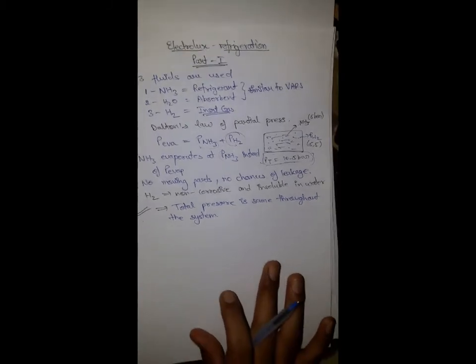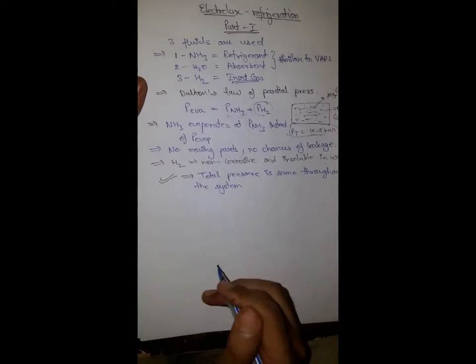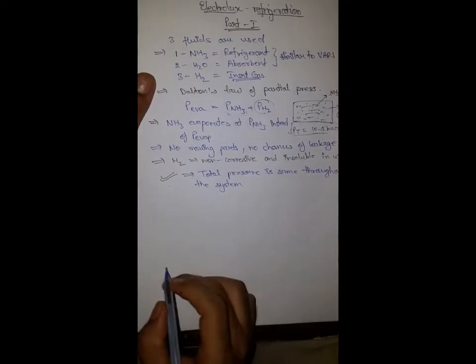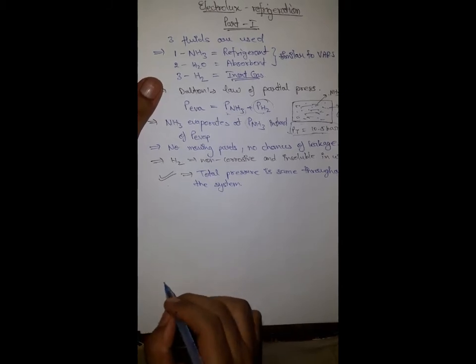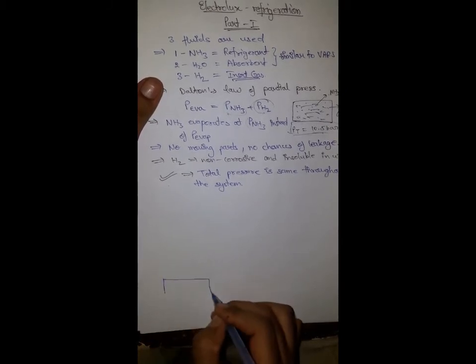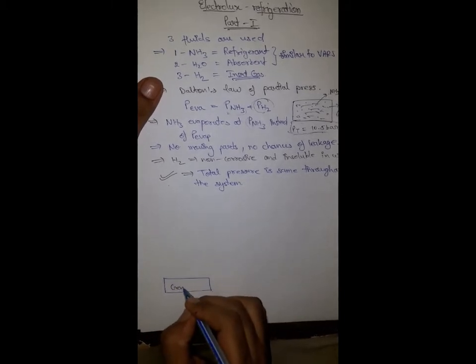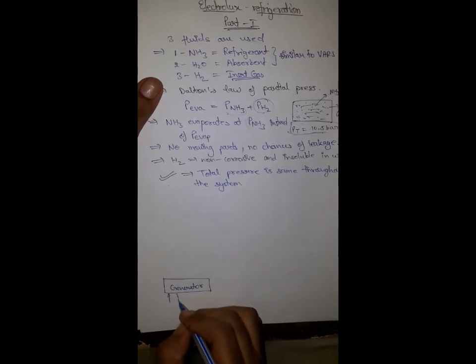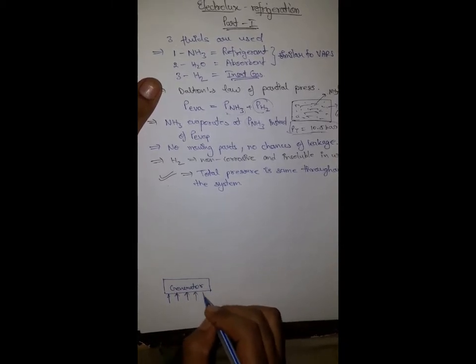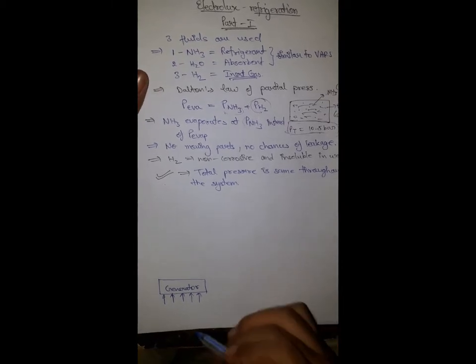Okay, so now we will discuss the working of this Electrolux refrigeration system by using a particular diagram. Let me draw the diagram, and simultaneously I will be explaining. In it we would also be using a generator, and the purpose of the generator we already know. It is used to vaporize the solution that contains refrigerant ammonia and water.